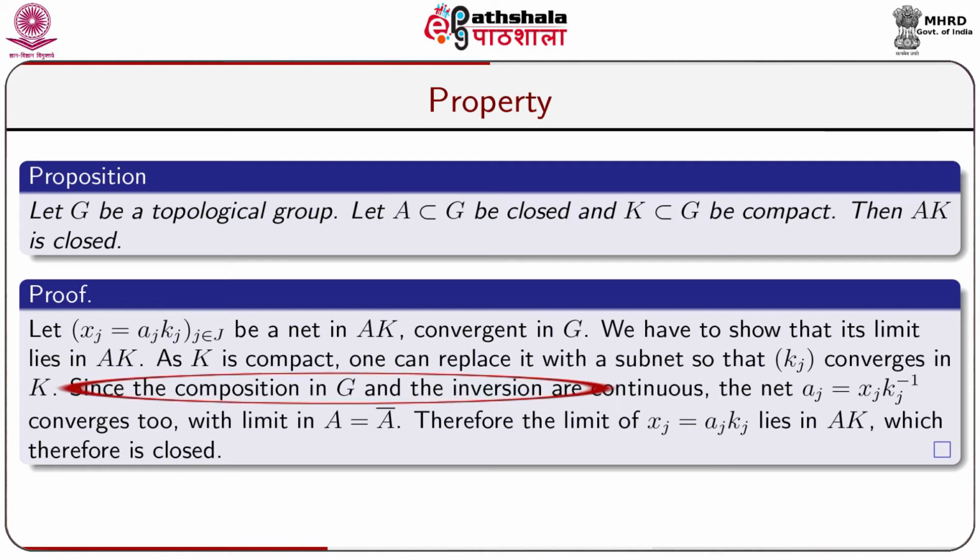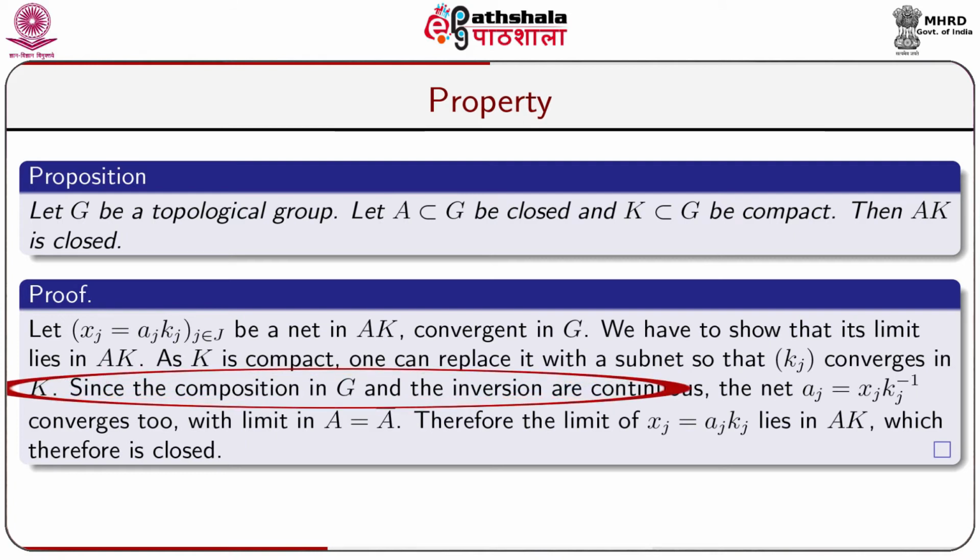Now, since the composition in the topological group G is continuous and also inversion is continuous, the net a_j, which is equal to x_j times k_j inverse, converges with the limit in A, which is equal to closure of A as A is closed.